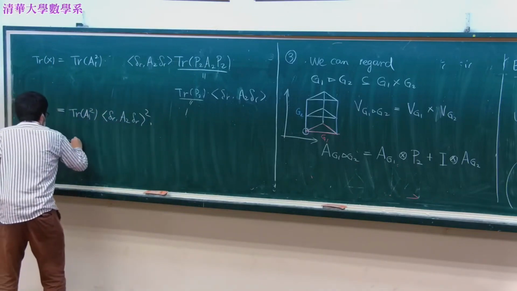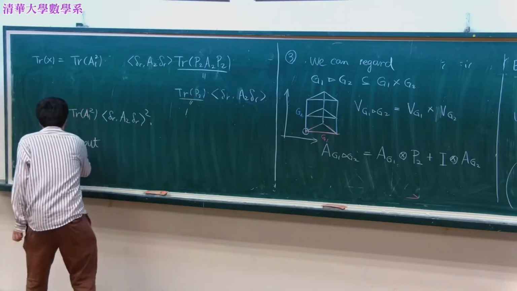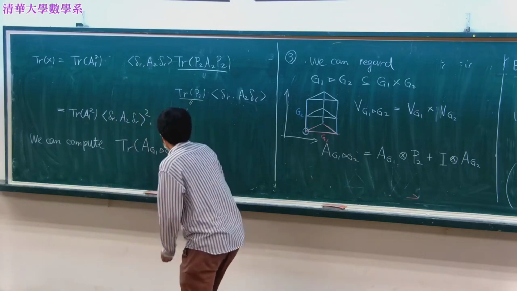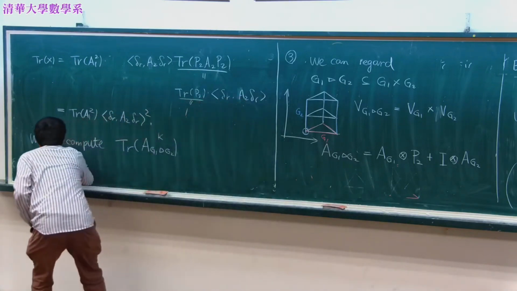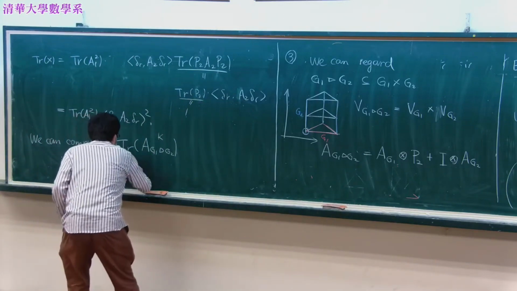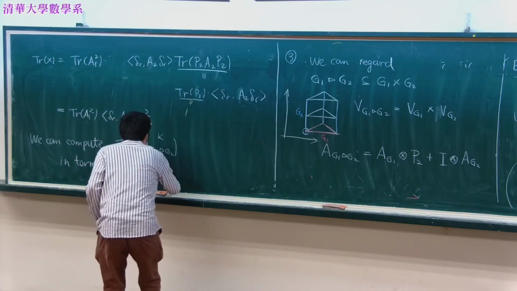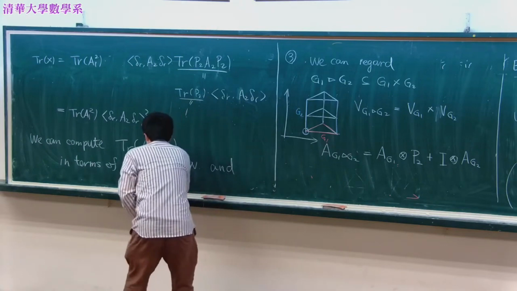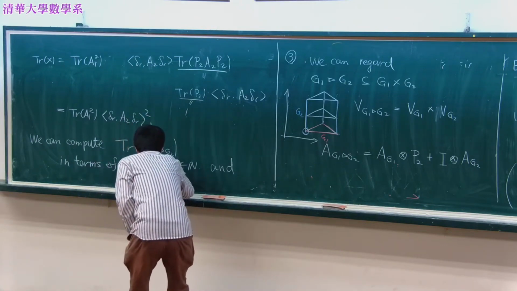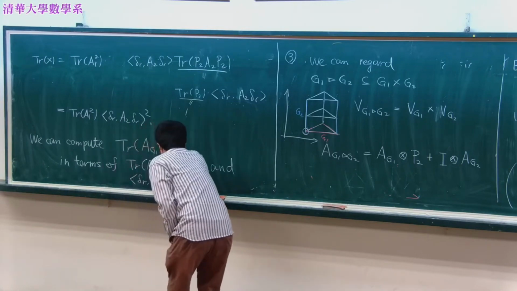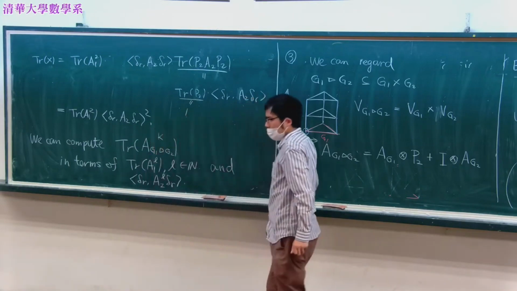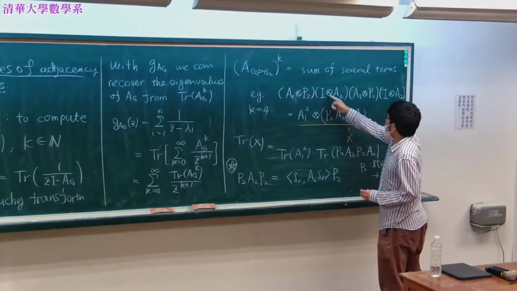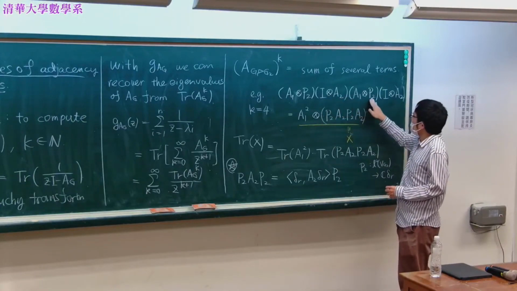Eventually, you will see that we can compute the trace of the adjacency matrix of the graph product G1, G2 to any power k in terms of the traces of A1 to the power L, where L is a natural number, and inner products. But in general, A2 powers appear, because sometimes we take the identity tensor A2 and the next can also be the identity tensor A2.